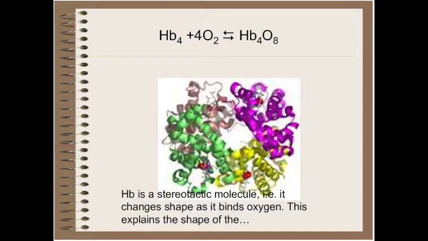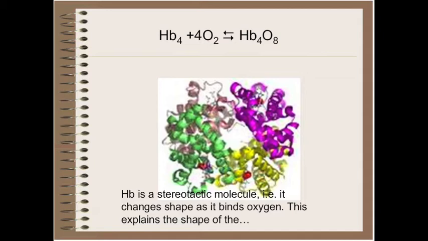This is a rather fuzzy picture of a hemoglobin molecule, which you can see is made of 4 different parts, the purple, yellow, the green, and the brownie colour, and each of those binds an oxygen molecule. The hemoglobin molecule is a very special molecule because it changes shape as it acquires oxygen.